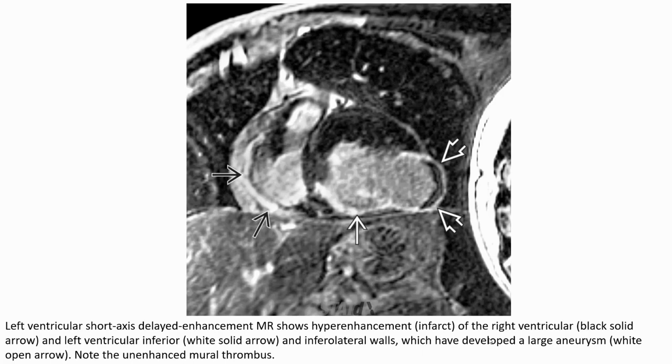This left ventricular short axis delayed enhancement image also shows hyperenhancement of the right ventricle, white solid arrow, and the left ventricular inferior wall, white solid arrow, which has developed a large aneurysm. The white open arrow shows a non-enhanced mural thrombus.